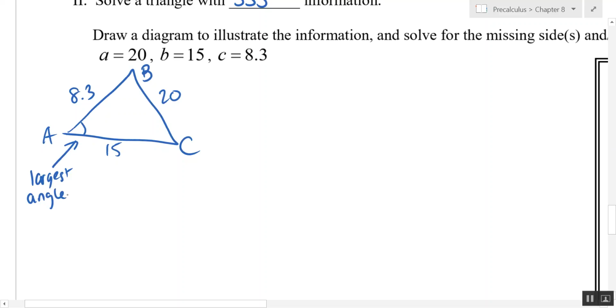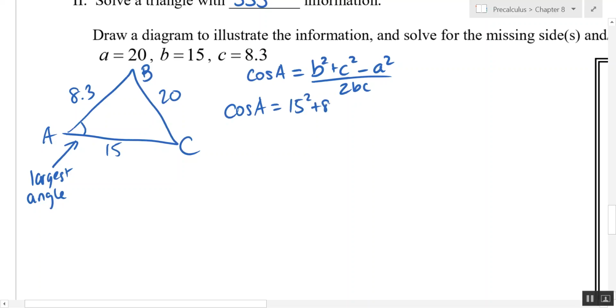So we're going to start with our law of cosines, solving for the cosine of A. And we know that is b squared plus c squared minus a squared all over 2bc. We're going to make our substitutions. We have 15 squared plus 8.3 squared minus 20 squared all over 2 times 15 times 8.3.